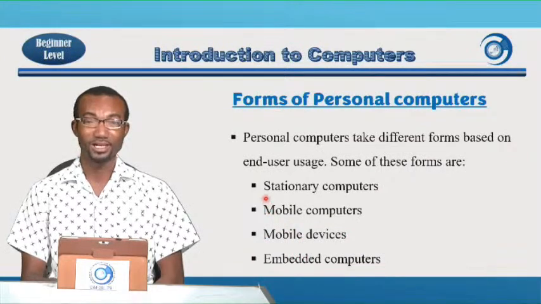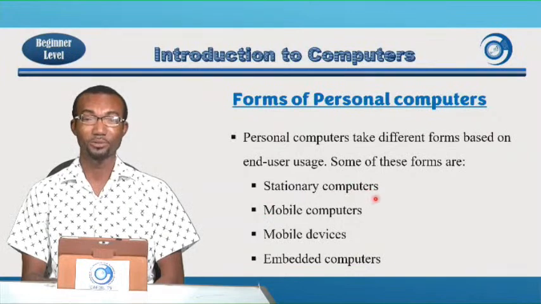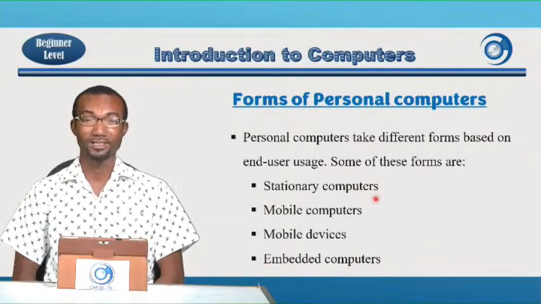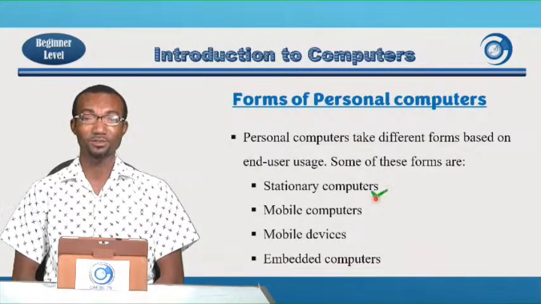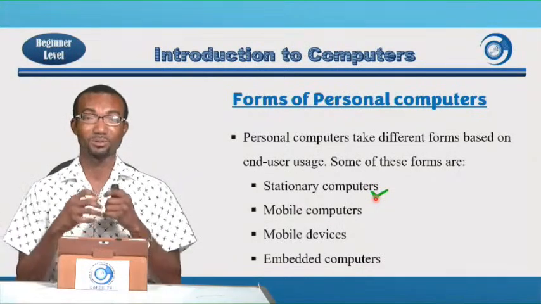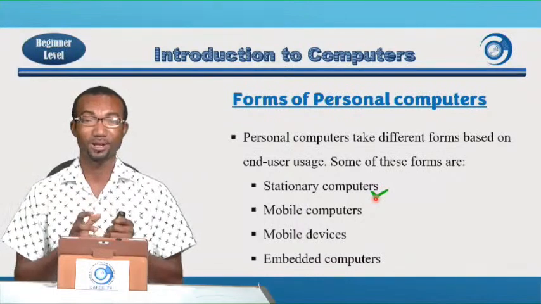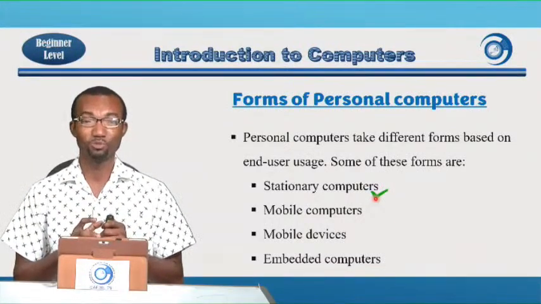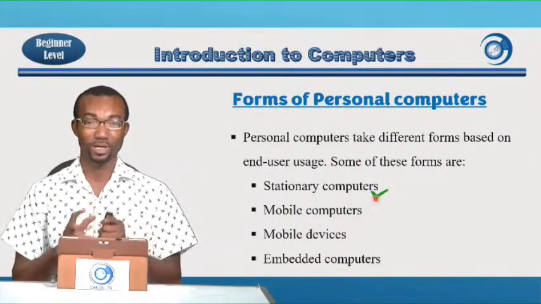In the previous lesson, we started with stationary computers and we talked about desktop as the first example. Today, we are still going to talk about stationary computers as one of the forms of personal computers. And viewers, we said that stationary computers are computers that cannot be moved from one place to another.